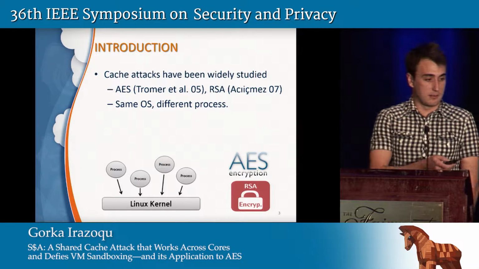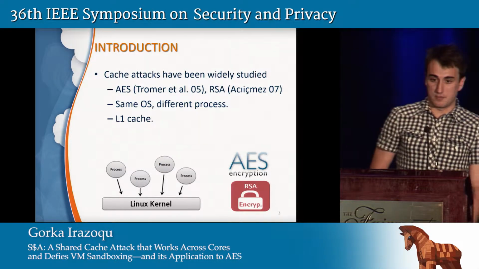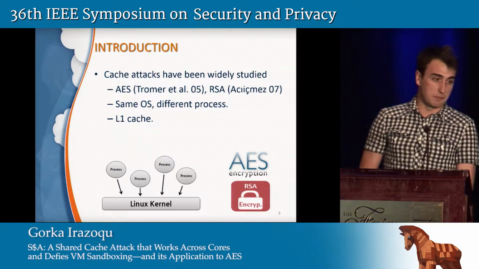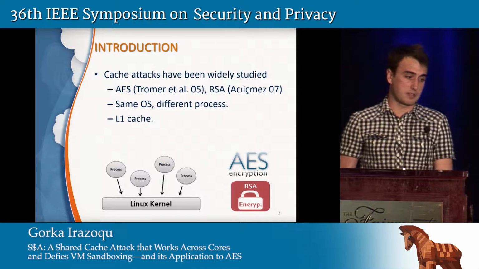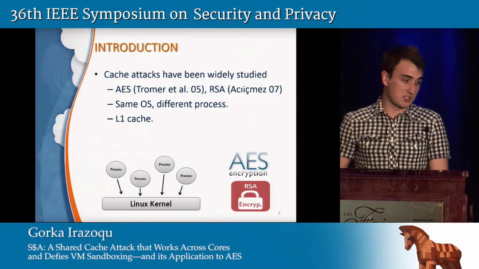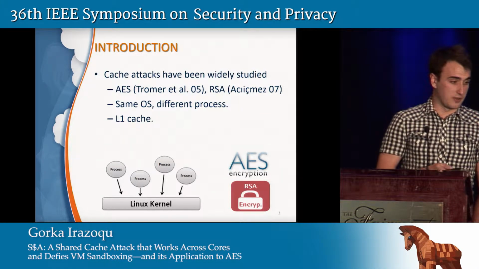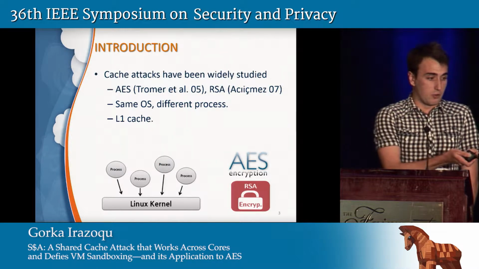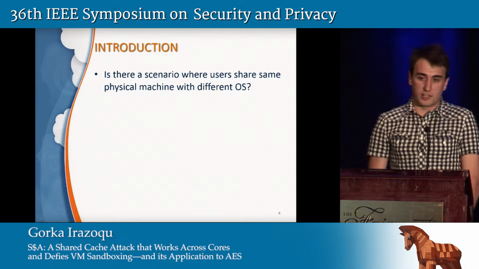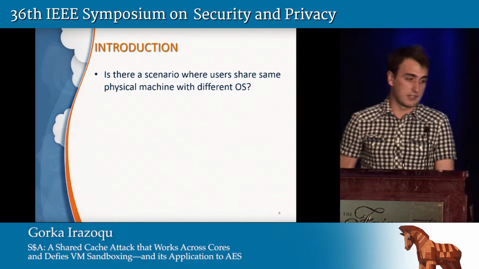Also, they were targeting level 1 caches, and in modern processors this means that we have to execute the spy process and the attack in the same core, which again reduces the practicality of the implementations. So the question is whether there is a practical scenario where cache side channel attacks can be applied.